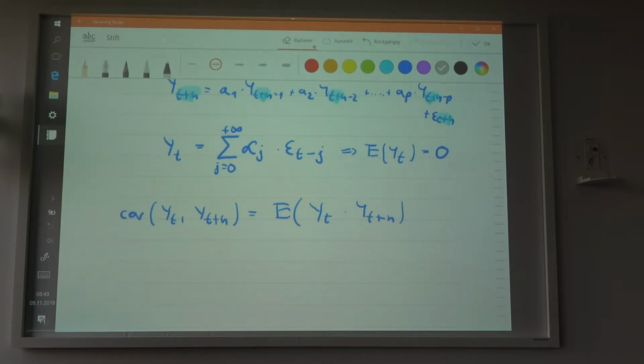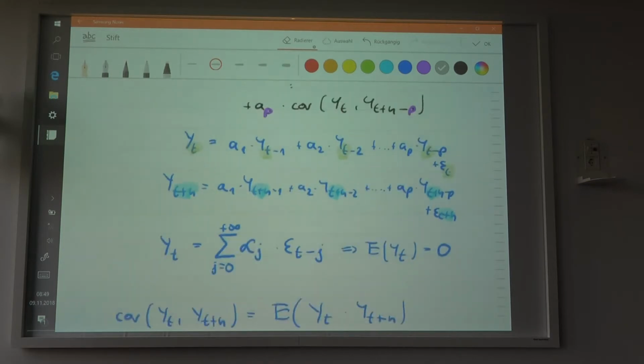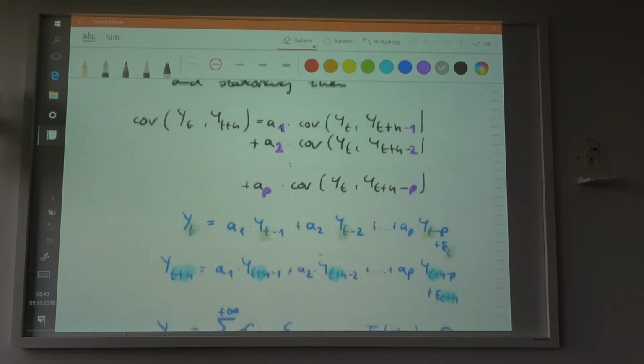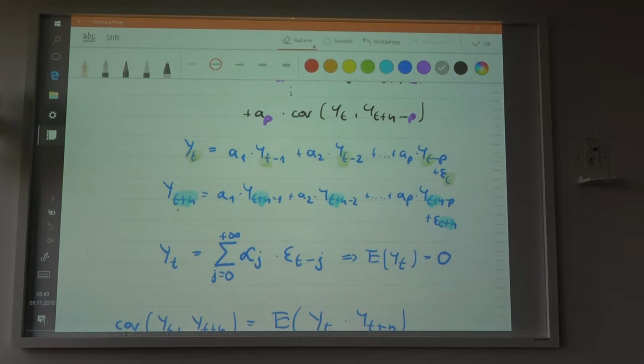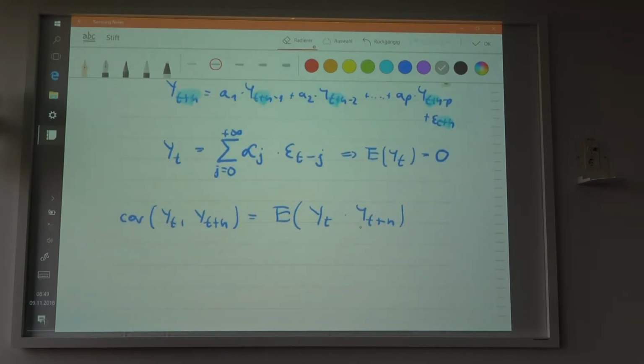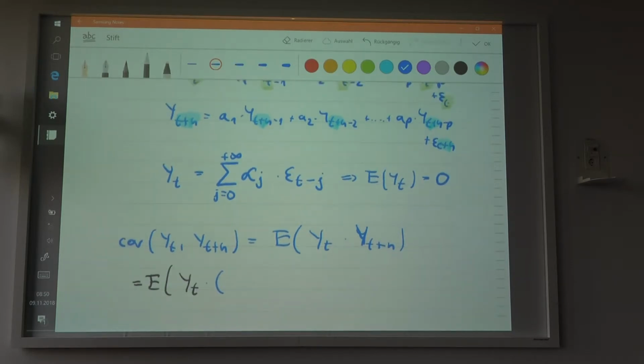Now, in a second step, I'm replacing yt plus h by this expression here. So you have the expectation of yt, and then I put yt plus h into this equation.